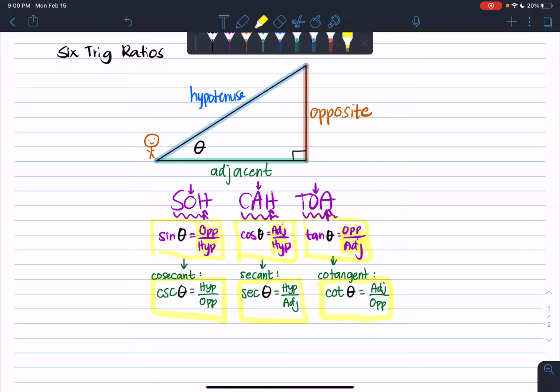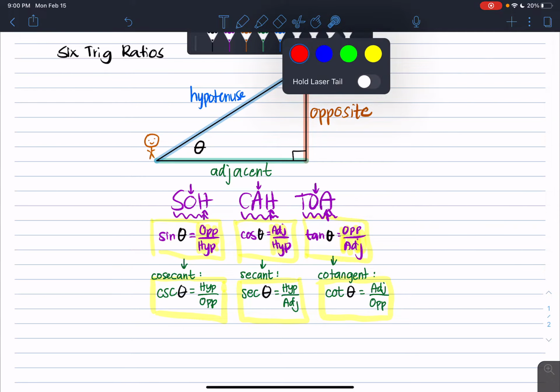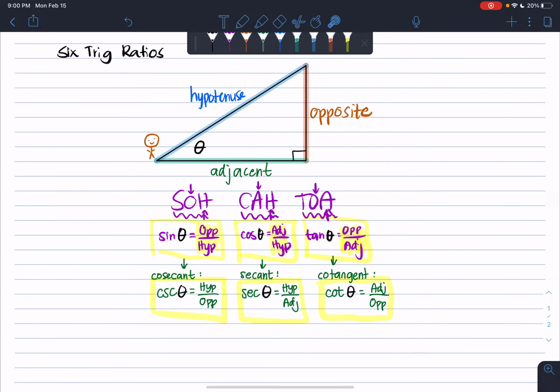So the reciprocal of sine is cosecant, which is hypotenuse over opposite. The reciprocal of cosine is secant, which is hypotenuse over adjacent. And the reciprocal of tangent is cotangent, which is adjacent over opposite.